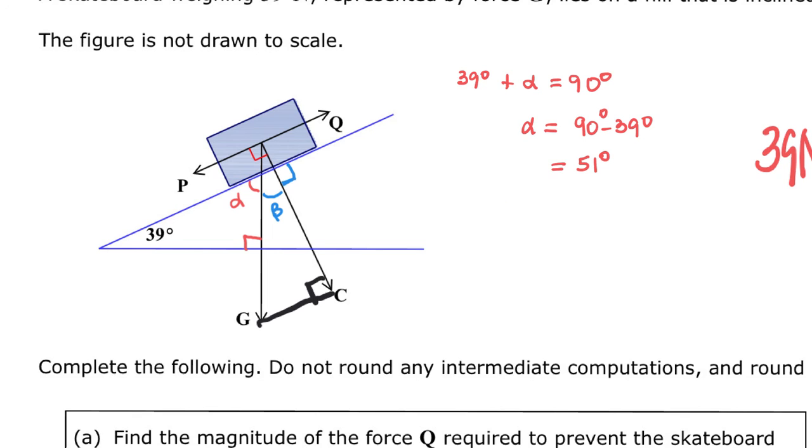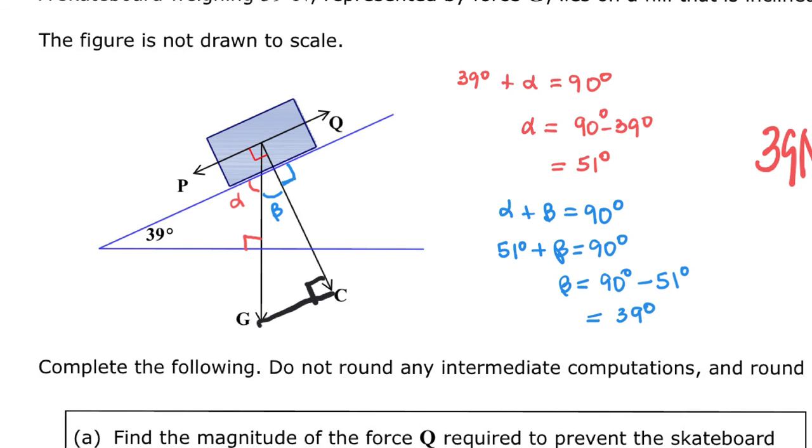It turns out that alpha plus beta is also going to equal 90 degrees. But we found out that alpha was 51 degrees. So 51 degrees plus beta is equal to 90 degrees. So if you subtract 51 from both sides, beta is equal to 90 minus 51 degrees, which is 39 degrees. So that's why beta will always equal the angle of inclination. So beta equals 39 degrees.